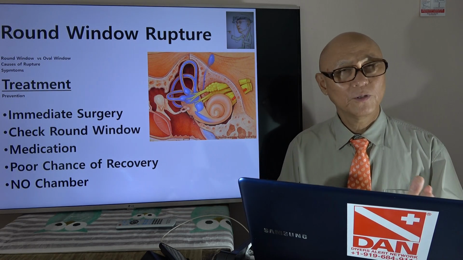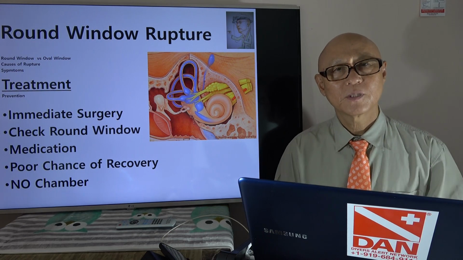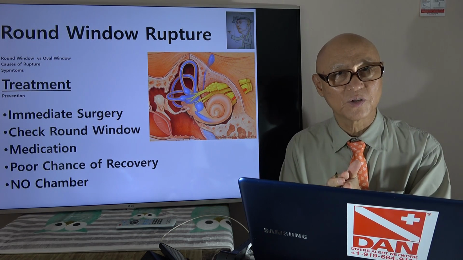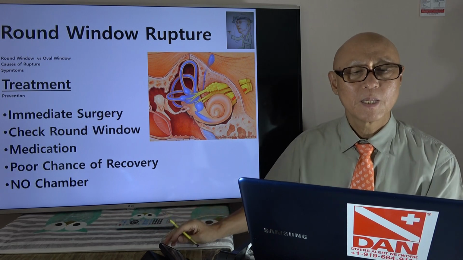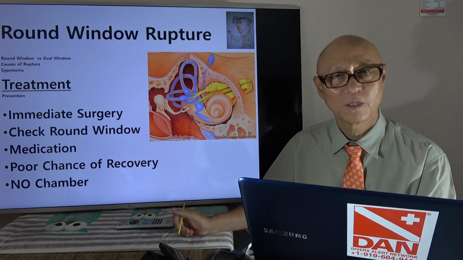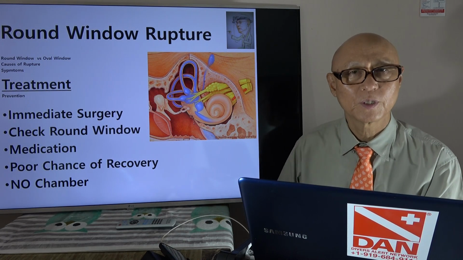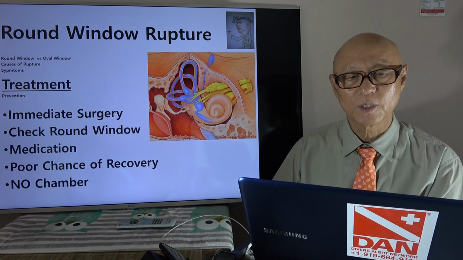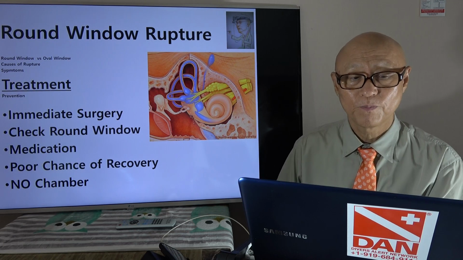Once the inner ear fluid escapes out, those cilia will adhere to each other, and eventually it's very easy for all of us to lose our hearing if the round window ruptures and immediate treatment or surgery is not available.